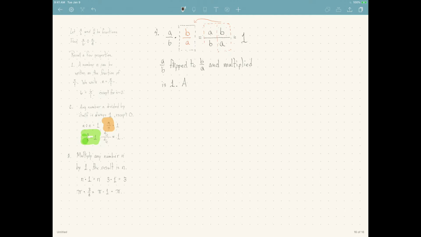And the flipped fraction is called the reciprocal.